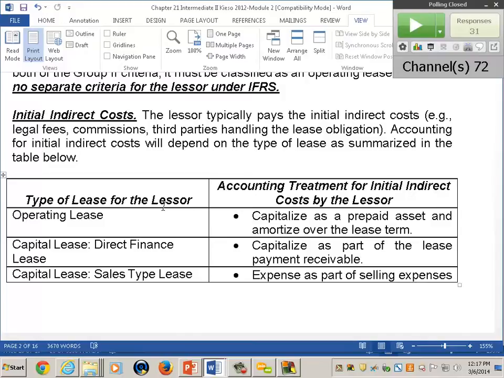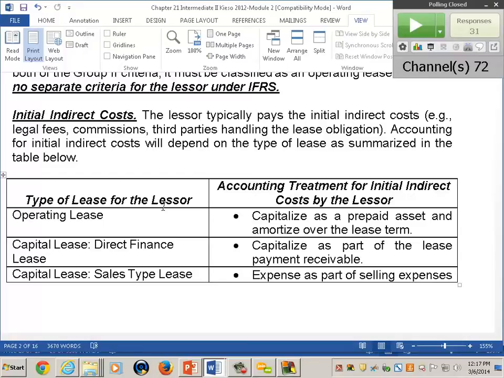Now, operating lease, prepaid asset. Direct finance lease, you add it as a reimbursement coming through the lease receivable. And sales type lease, you treat it as a selling expense to be matched with revenue. Are there any questions on that? Again, you can memorize the table, but just make sure you've got the rationale.